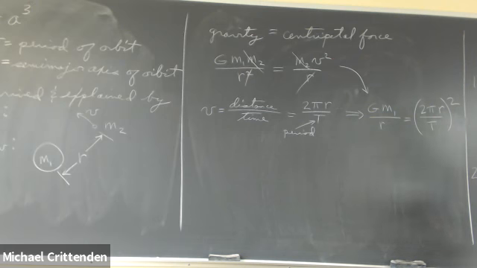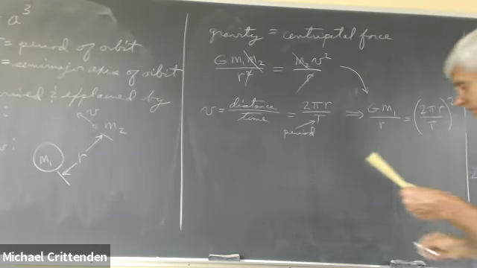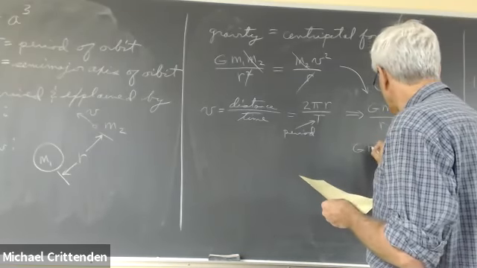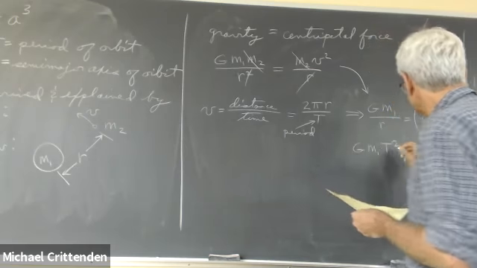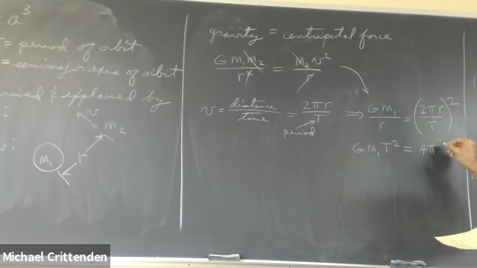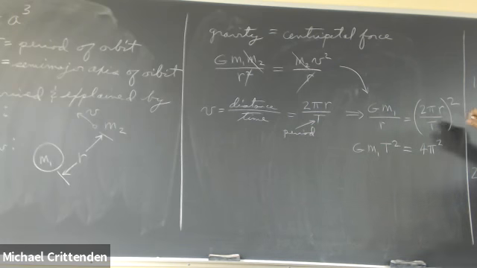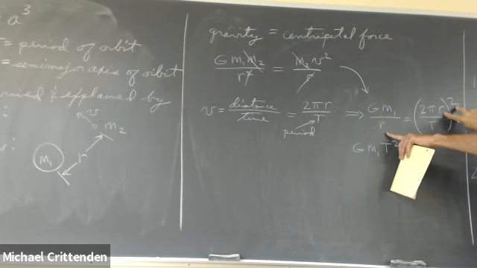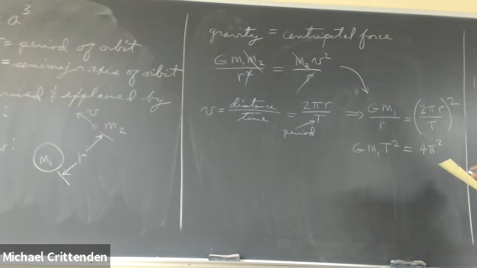You know, who really likes fractions when it comes right down to it? So I've got a T squared here. I'm going to multiply both sides by T squared. Over here, after you square it, it would be 4 pi squared. And then I've got an r squared here, which I can combine with this other r. Gives me an r cubed.